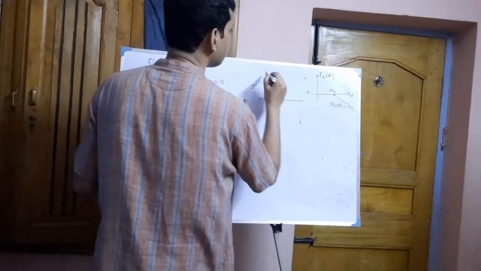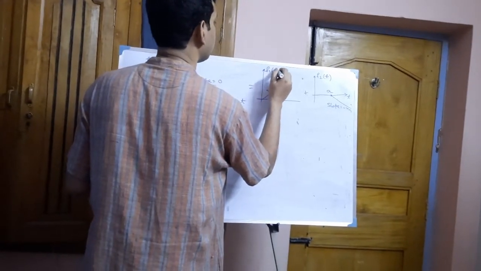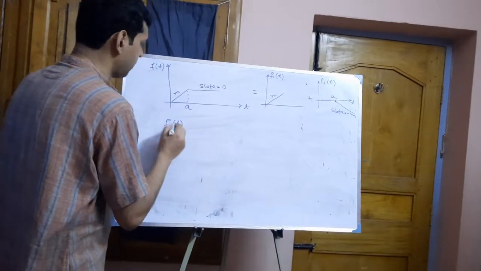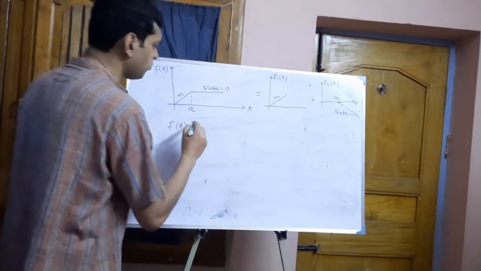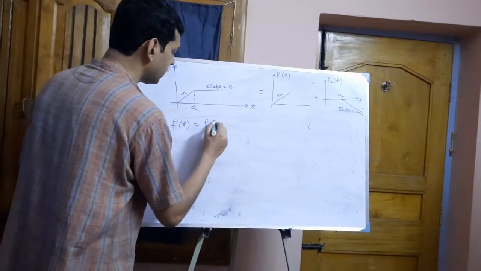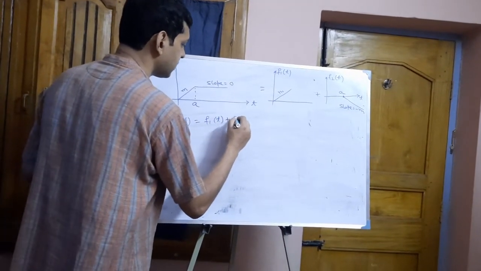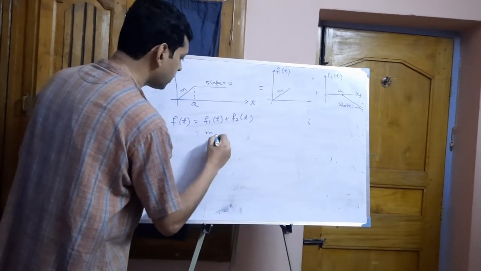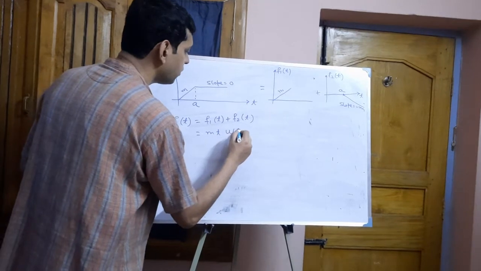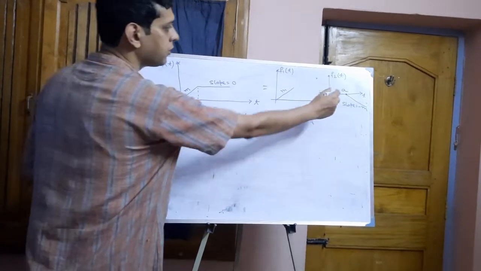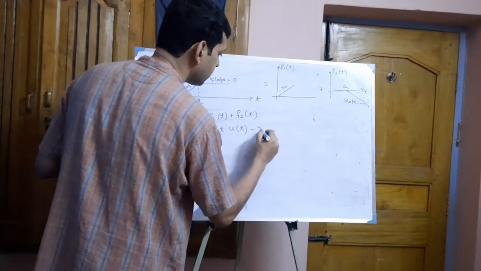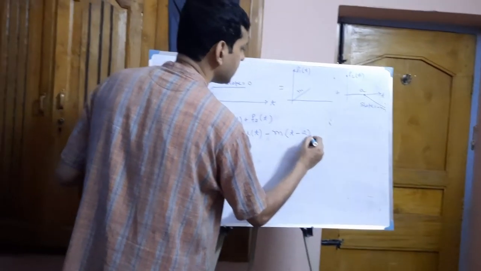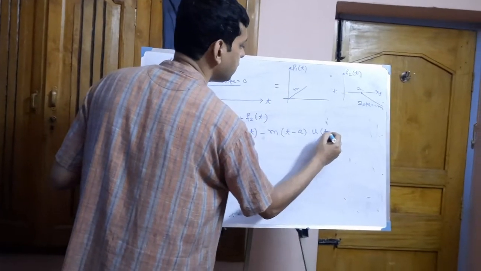This is say f2(t), and this is f1(t). So we can express f(t) as the sum total of these two. So f(t) equal to f1(t) plus f2(t). So this is equal to m t u(t), and we can express this as minus m (t minus a) u(t minus a).